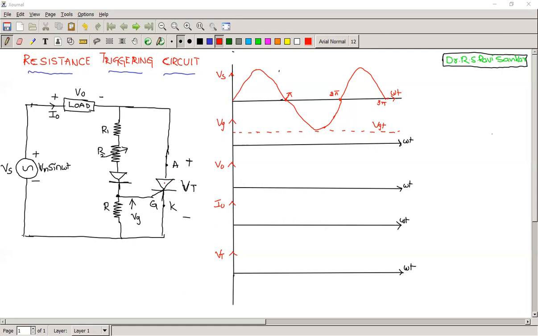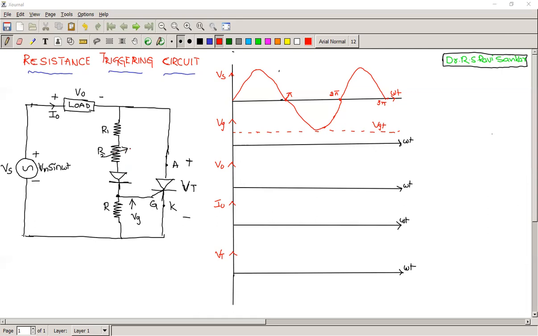If you observe, this branch consists of resistance and diode only. That's why we call it a resistance triggering circuit. By using this branch, we control the gate voltage so that the SCR will be on.